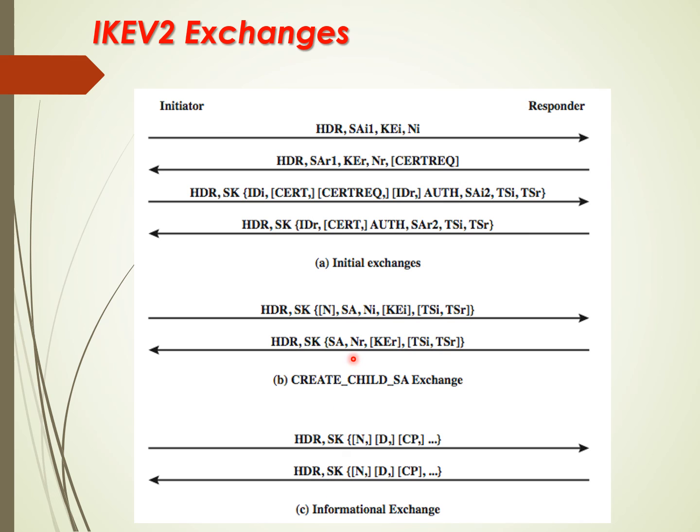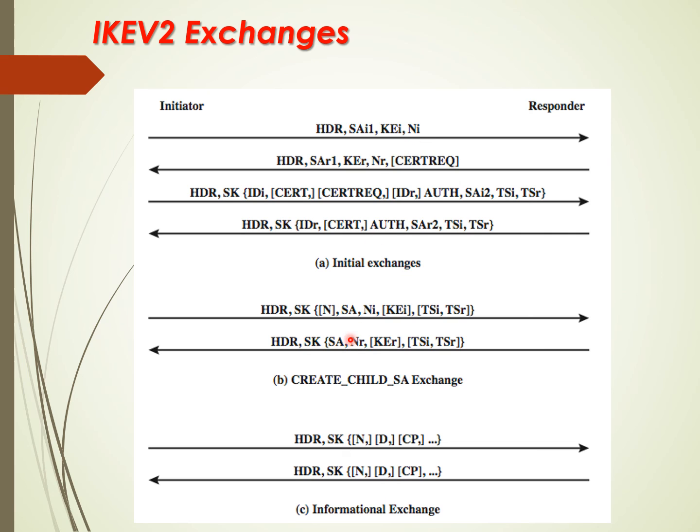So here, HDR means the IKE header, SAi1 is the security association offered by the initiator. KEi means the Diffie-Hellman public key of the initiator, and Ni means the nonce of the initiator.